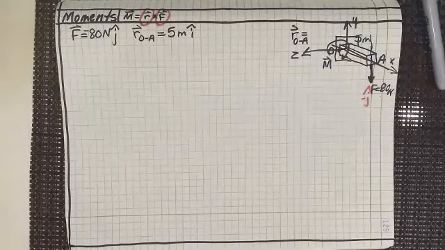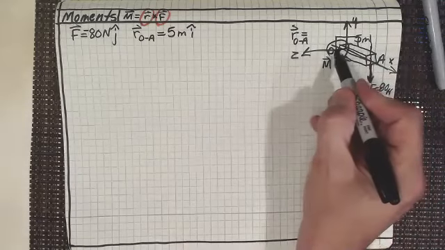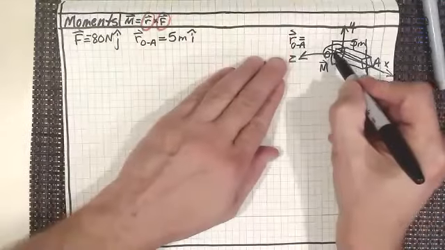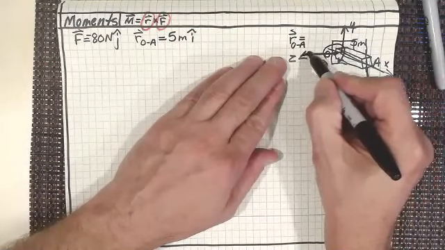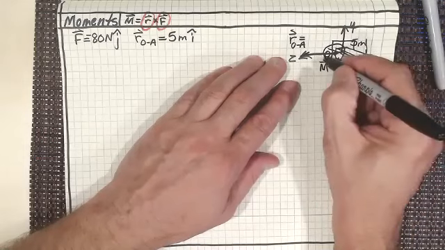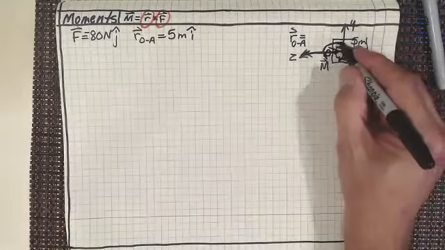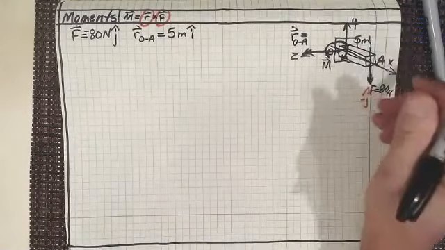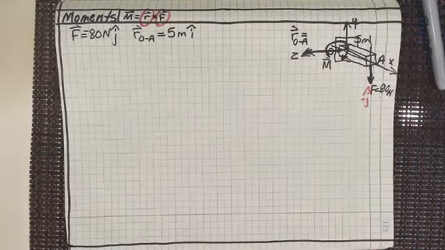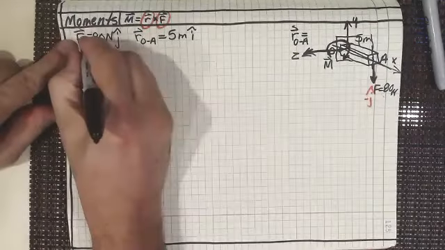So we would assume that it's going to be a K hat. What we're really looking at with the moment is the magnitude of a torque that is going to go around in that direction. Now, is that going to be positive or negative?